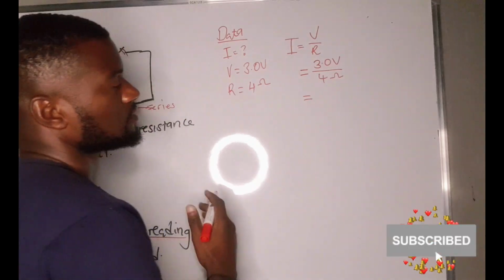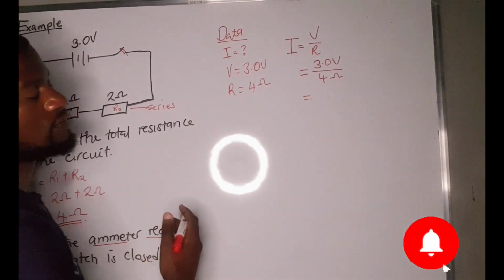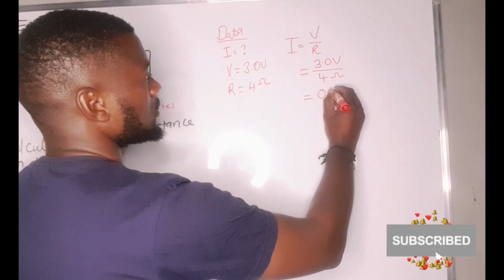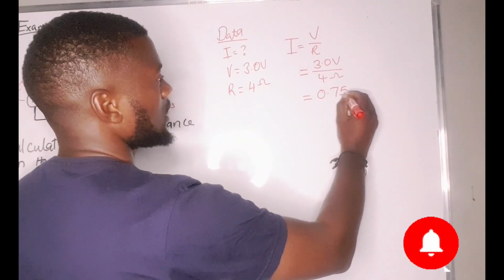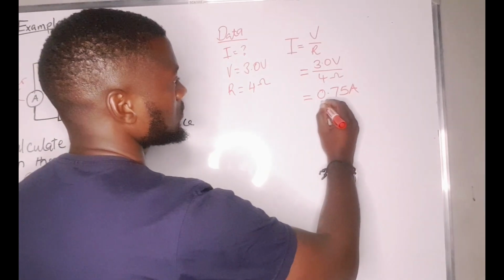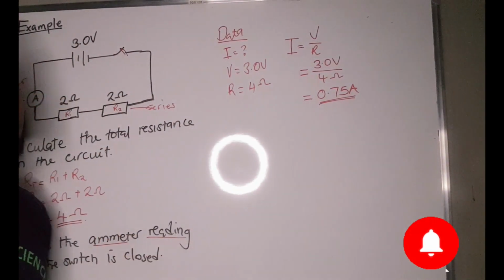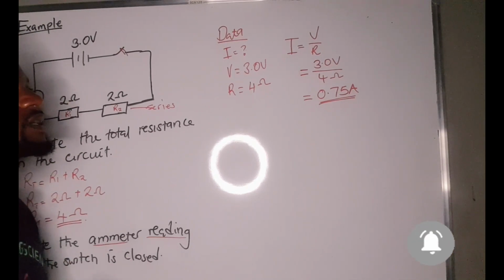When you say 3.0 divided by 4, you're going to have 0.75 amps. This is the current that is flowing through the circuit.